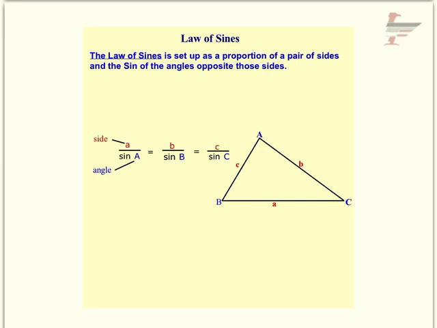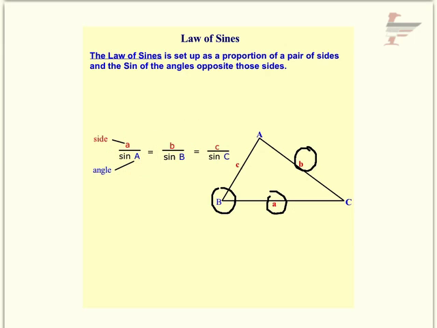So for example, if I knew side B, and let's say I knew angle B and then side A, I would know side B and angle B, so I'd know all of this, and I would know side A. So if I know this and this, I can easily solve for angle A.